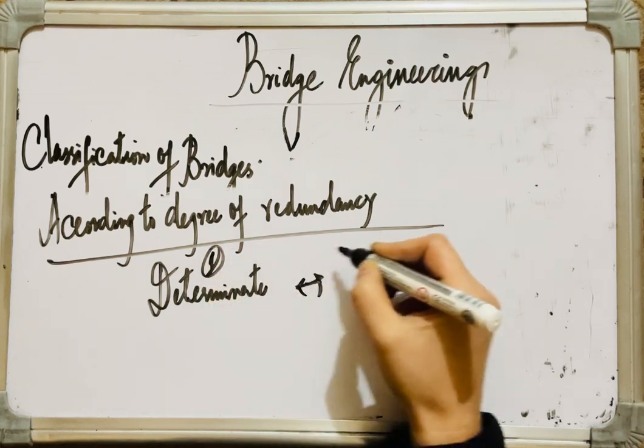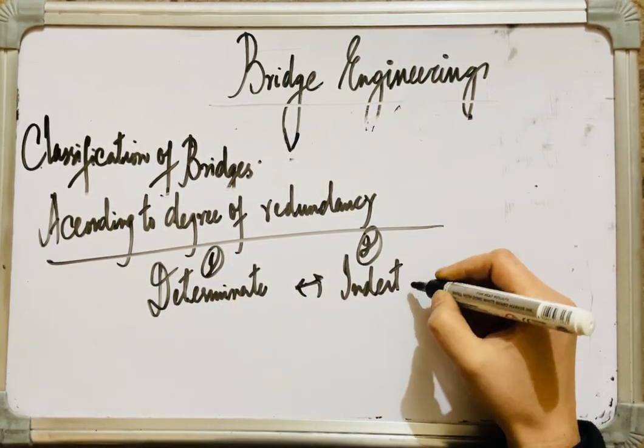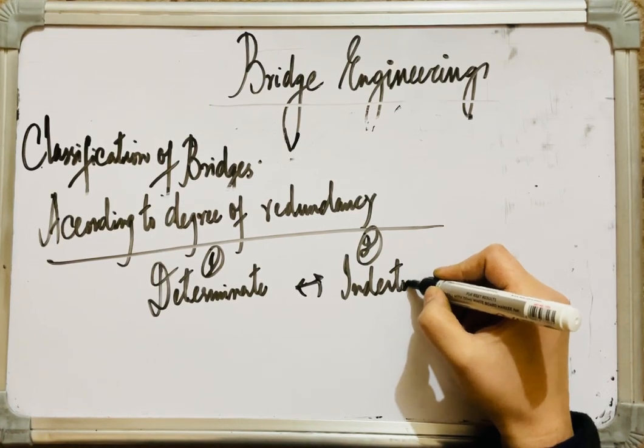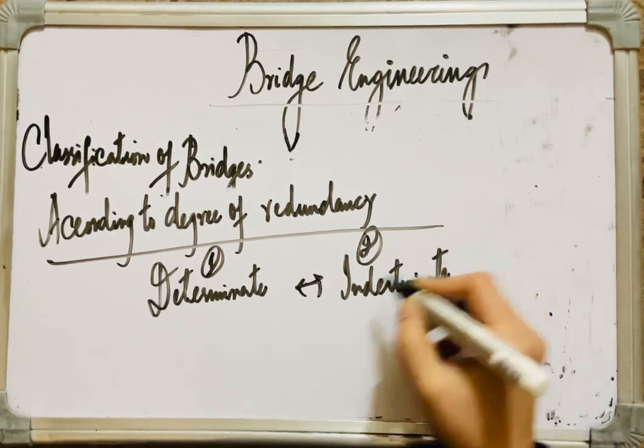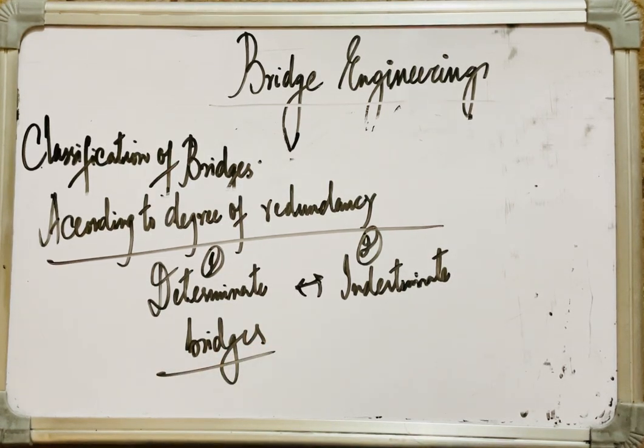This is the first one, determinate. The second, indeterminate. All right. We can have determinate bridges or we can have indeterminate bridges. This is the classification based on the degree of redundancy.